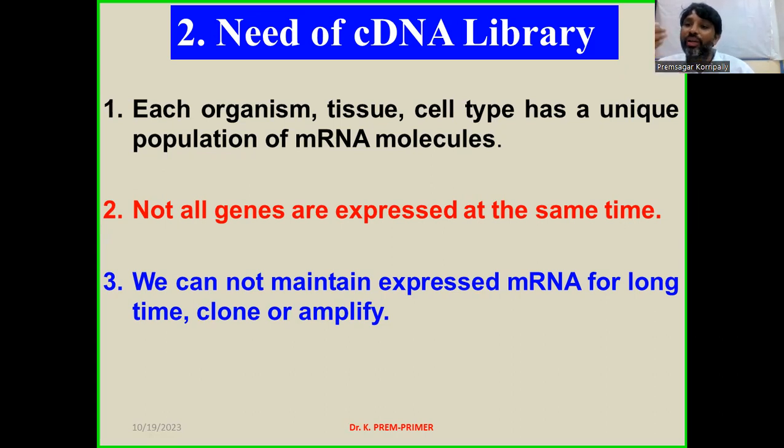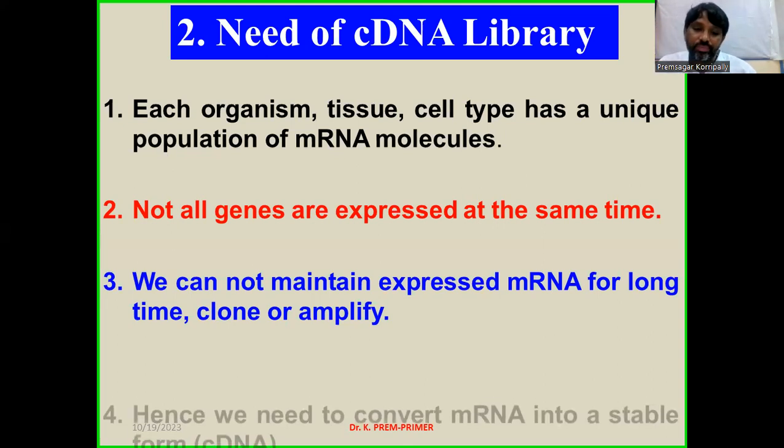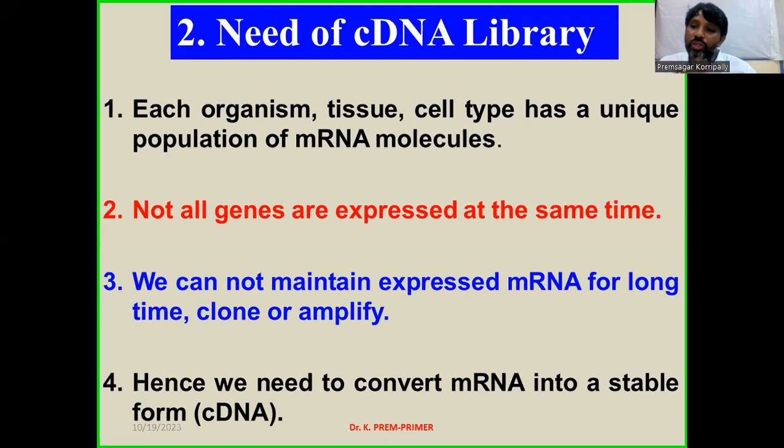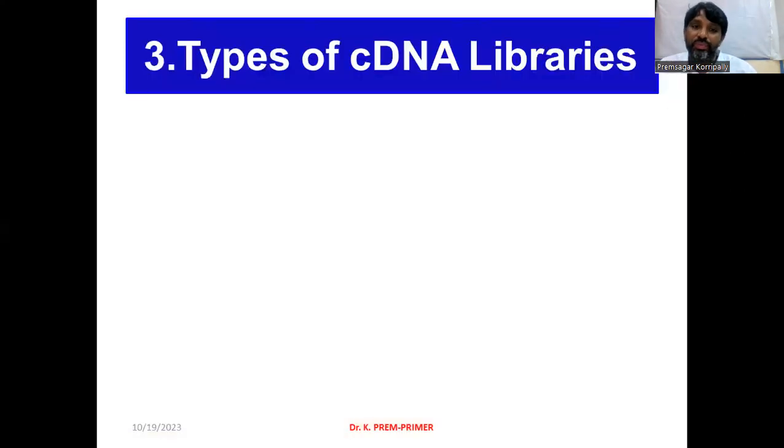So mRNA is converted to cDNA, all cDNA molecules are cloned and sequenced. Then you will have information about the cell machinery, or what is happening in the cell in a particular condition. As I told you, the stable form of mRNA is cDNA. This is the need for a cDNA library.